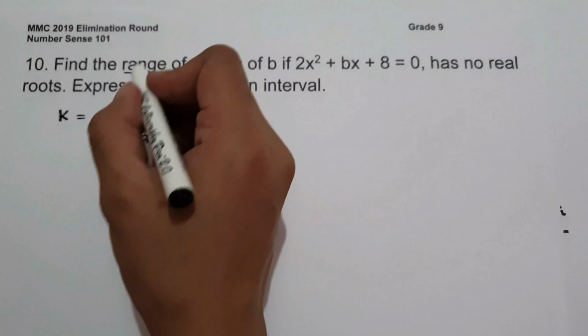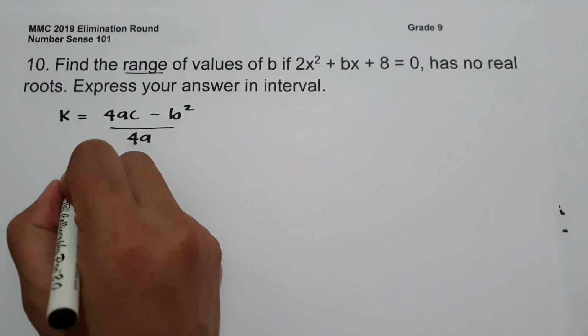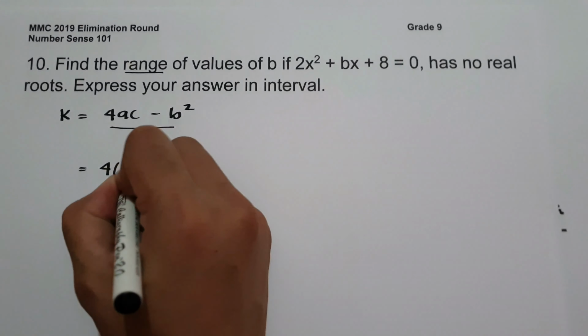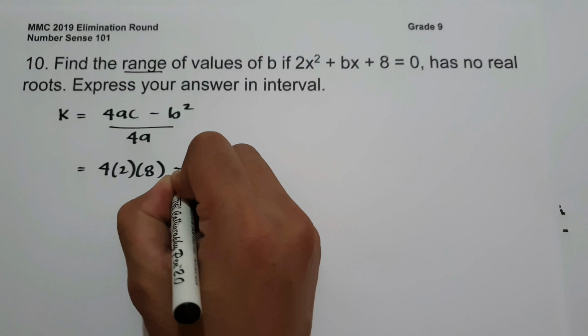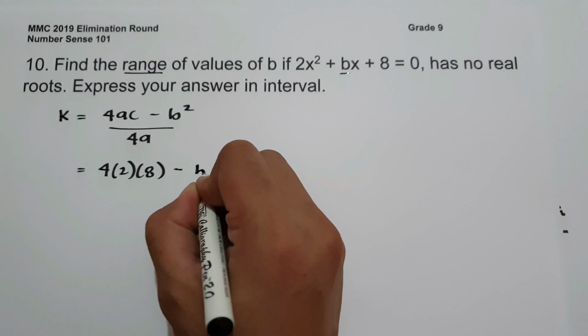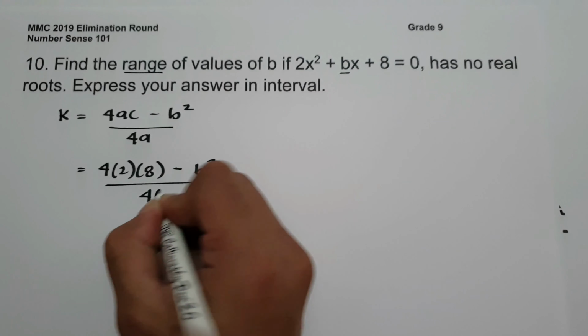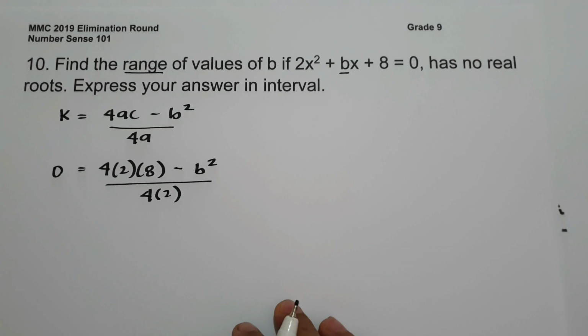So to find the range, let us substitute the value of a, b, and c. So we are going to have 4, the value of a will be 2, and c, that is 8, and then negative b squared over 4 times 2 equals 0.